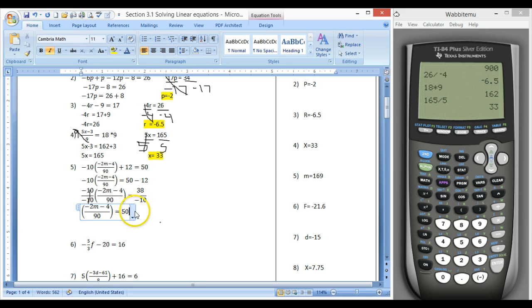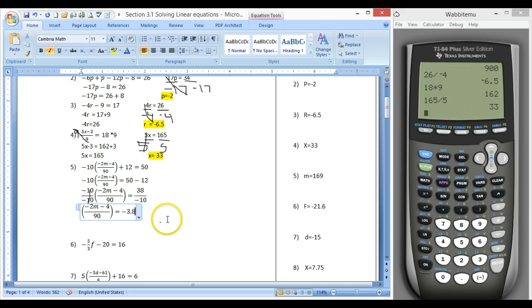I'm hoping this will speed us up and hopefully keep everything nice and orderly as well. 38 divided by negative 10. I know that dividing by multiples of 10 moves the decimal over, and that's all it really does. And a positive divided by a negative is negative. So this is just negative 3.8.